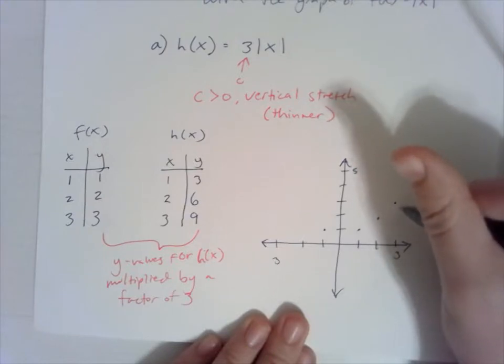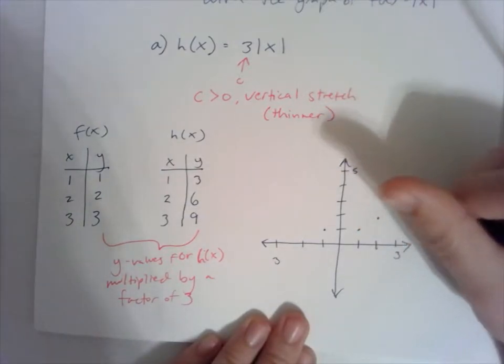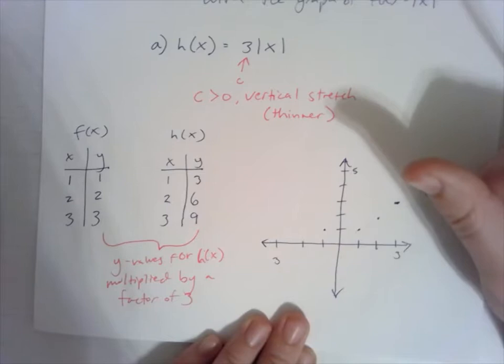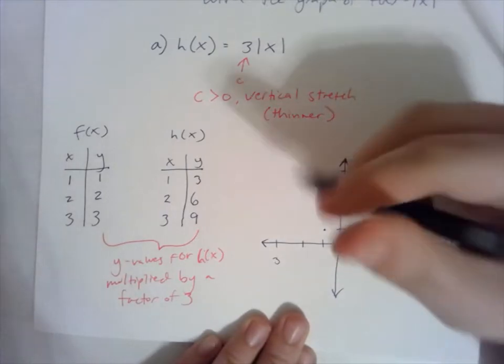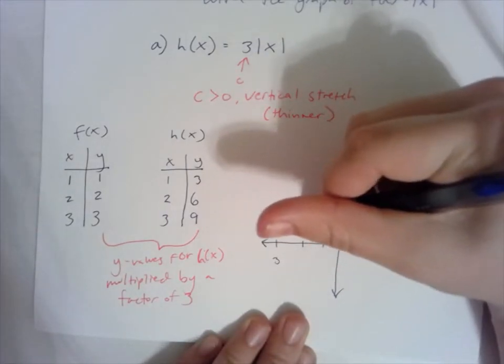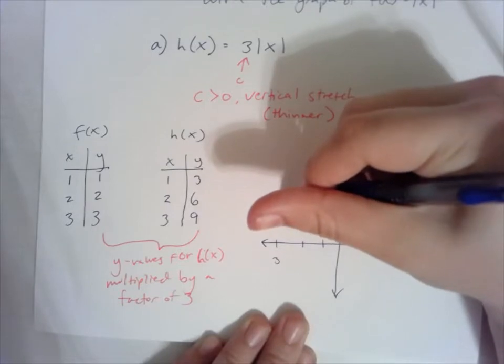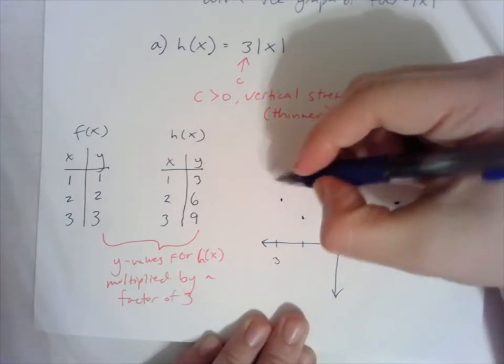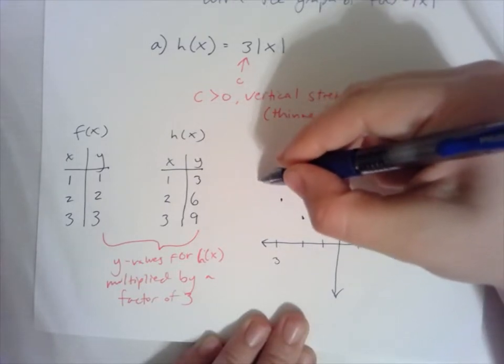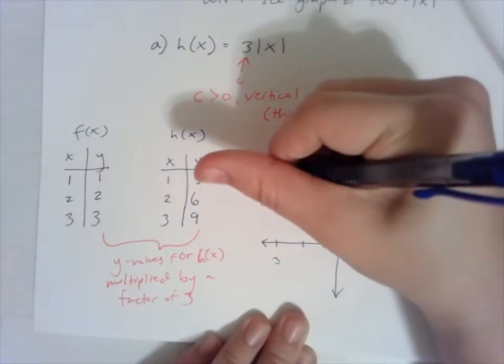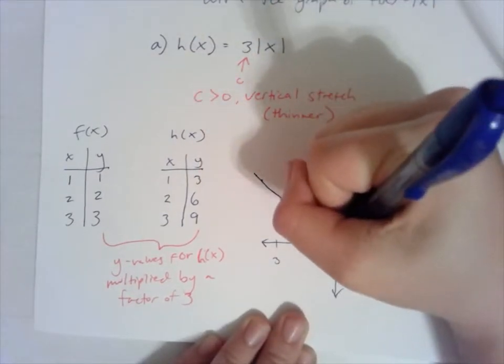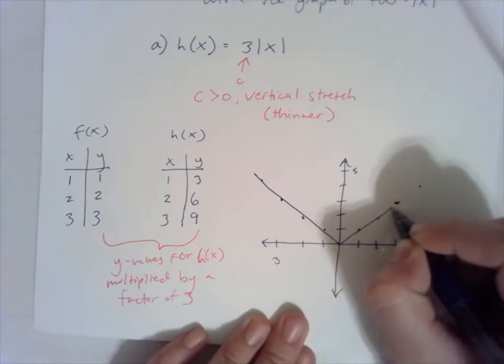We'd have one up here at 4, 4, and so on, right? It would just make that classic, really nice looking V shape. That's what our f of x would be doing. And we'll label this guy our f of x.